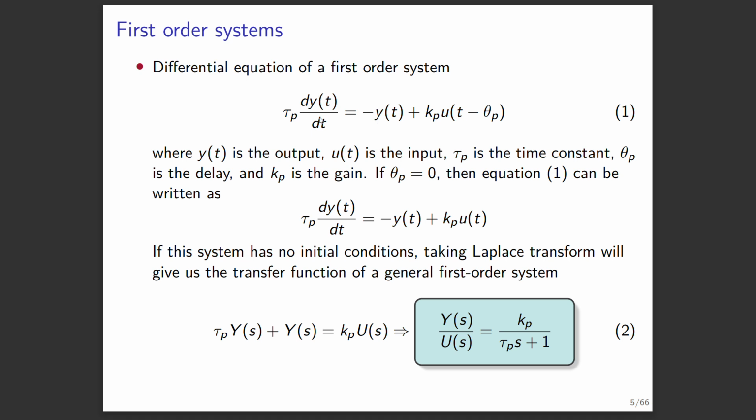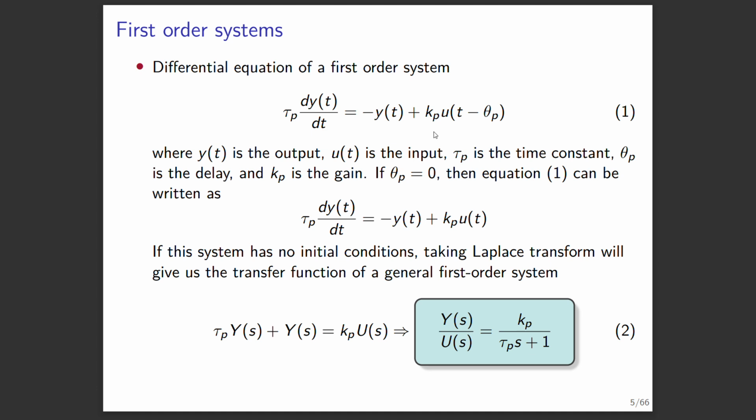What does that mean? It means that the variable of the differential equation, here y, appears. In addition, the first derivative of it appears too. That's why it's called a first order system, because the variable of the differential equation and its first derivative both appear.